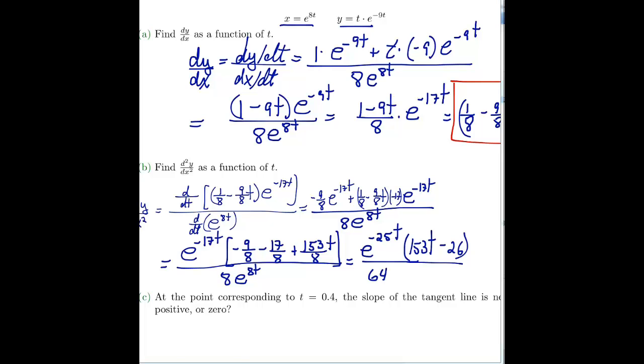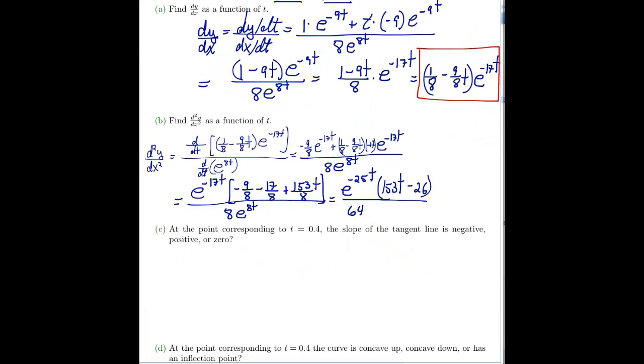And then we just are asked, for example, at t equals 0.4, is the slope of the tangent line negative, positive, or 0. So that means we know that the slope of the tangent line is given by dy/dx. So we just have to plug in t equals 0.4 in there. Let's use this expression.